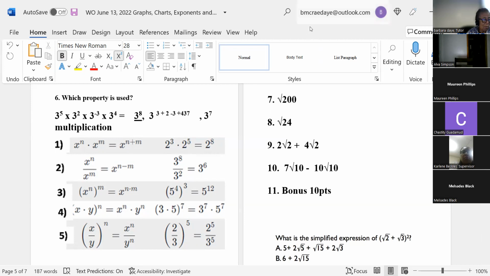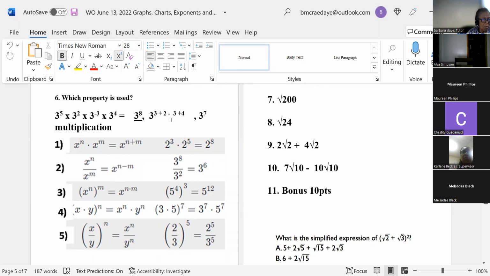Oh, when I add up, Barbara, I'm sorry, I'm driving, okay? Okay. 3 plus 2 minus 3 plus 4. What do you get, Mercedes, when you add it up? 3 plus 2, that's 5. Right? And if you minus 3 from 5, you're left with 2.